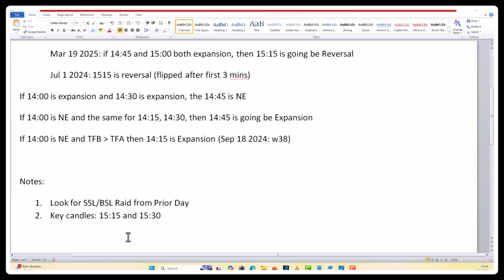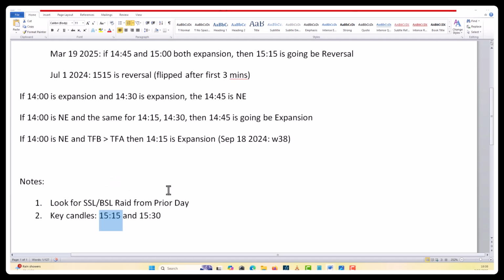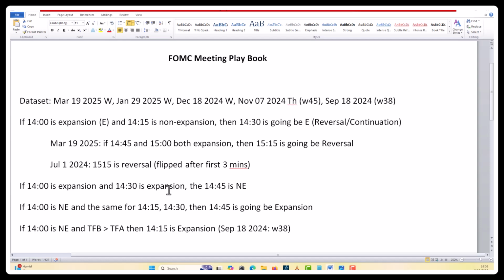Then we look for the buy side and sell side liquidity, where they inject liquidity. When price hits that, it will reverse right away. Another note is to pay attention to the 3:15 and 3:30 p.m. candles. They give us some very good mood.